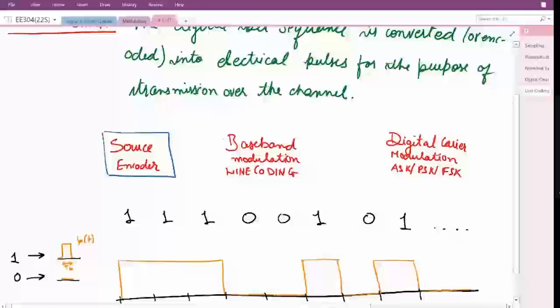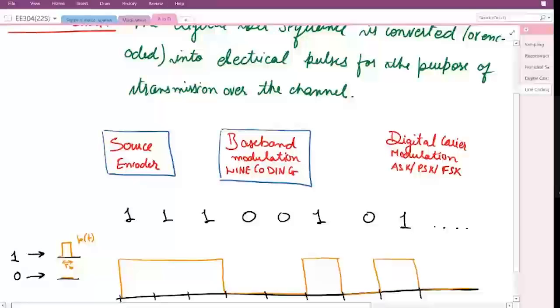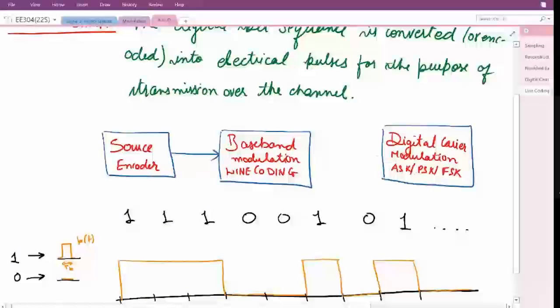So in between these two blocks, we have this line coding.